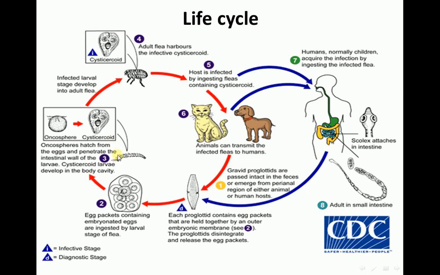Larval stage of a flea after ingestion of eggs. Eggs hatch to oncosphere, penetrate intestinal wall of the intermediate host, and convert to cysticercoid.